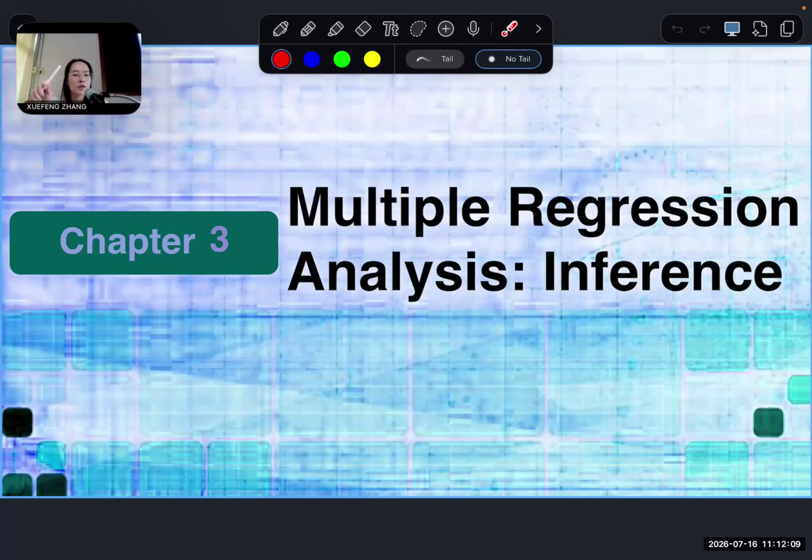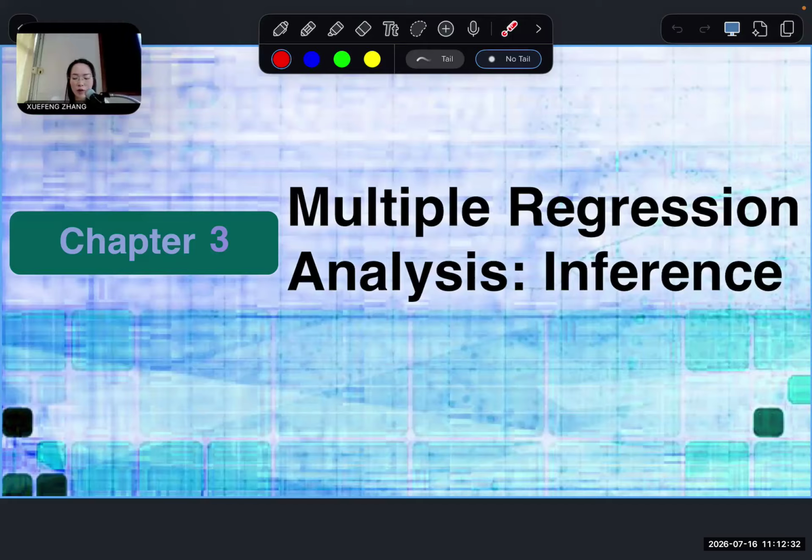So each of you is going to have a different beta hat because of different samples. So a natural question is, can we trust this number? Can we trust your estimation? Is it really different from 0, or could it just be random noise from this particular sample?